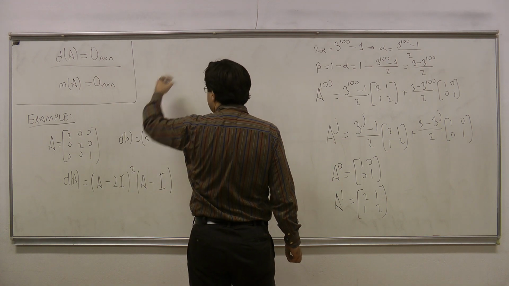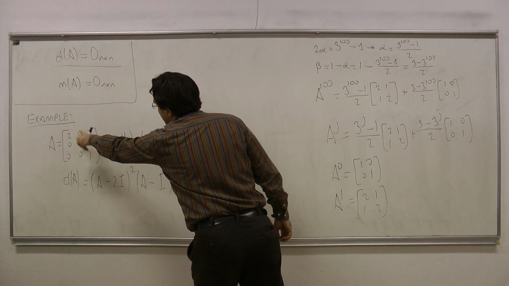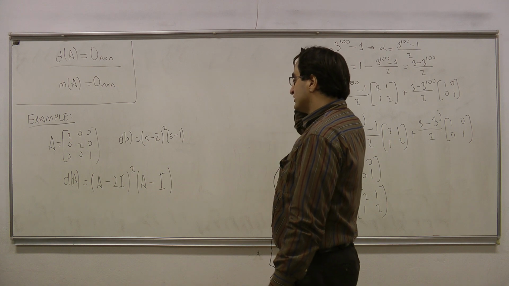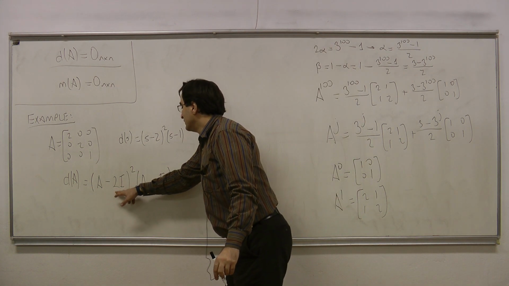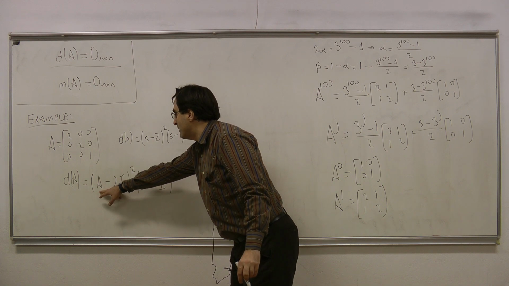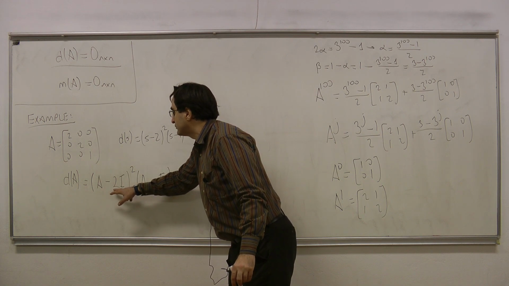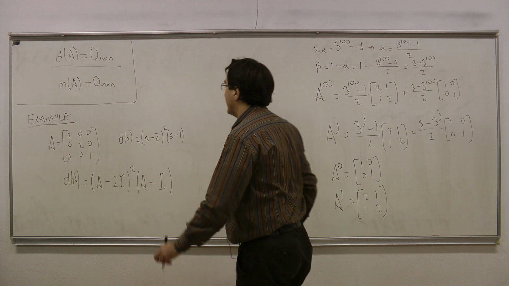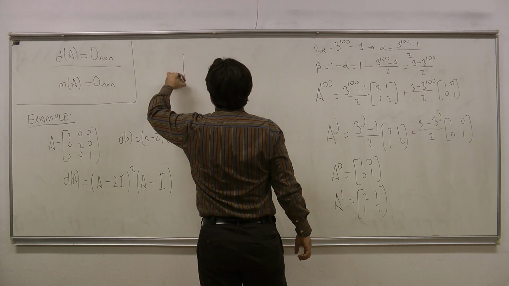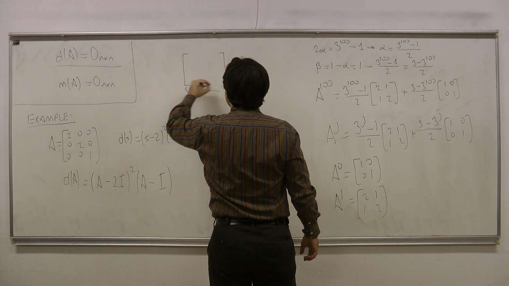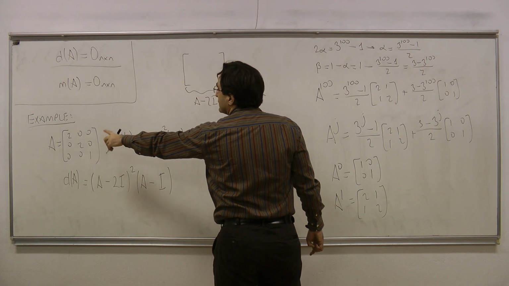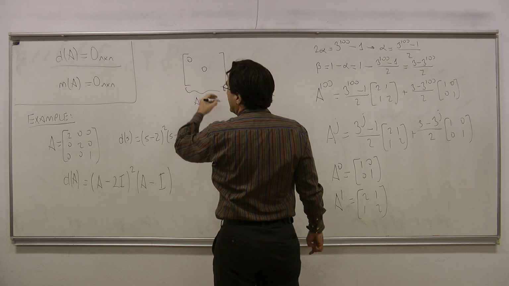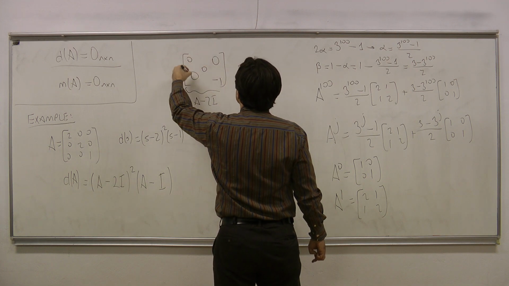A minus 2 identity is a matrix where I subtract 2 from the diagonal elements of A. So A minus 2I is going to be 0, 0, and minus 1, and zeros everywhere else.